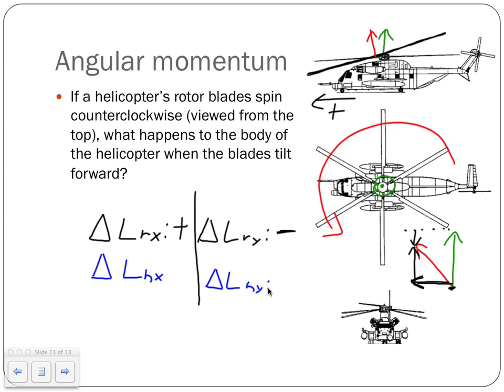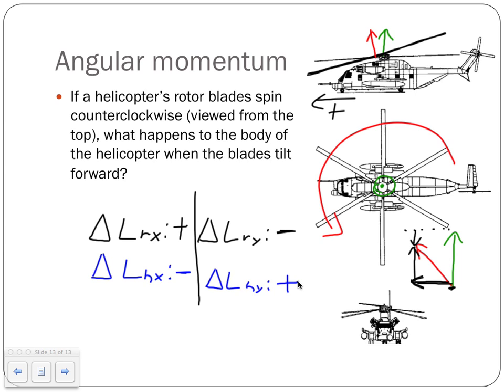So if the rotor's angular momentum in x had a positive change, then the helicopter's body has to go in the opposite direction to cancel it out, so that the total angular momentum stays the same. The same is true in the y direction: if the rotor's angular momentum change was negative, the helicopter's body's angular momentum change has to be positive. So let's see what that means.